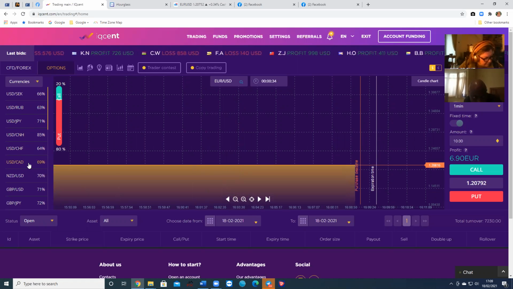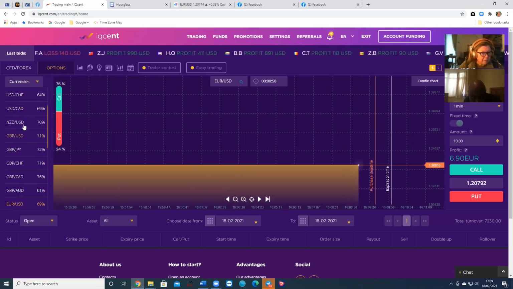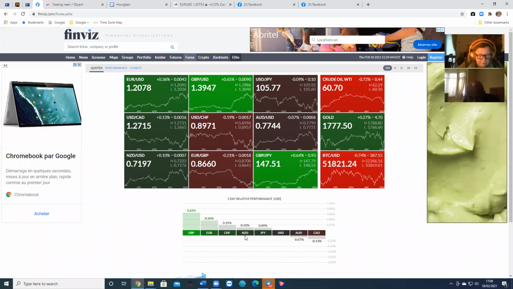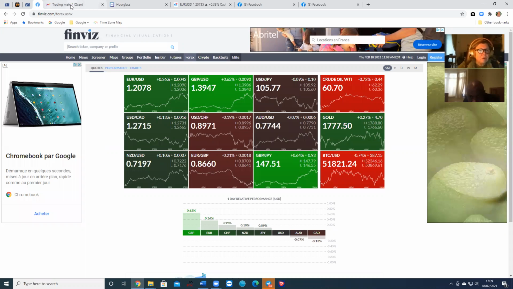USD CAD, generally I'd be buying the USD, 69%. NZD USD, so there are 10 currency pairs, remember, on this CASHTRAP strategy, 70%. So I would really generally look to see where the NZD was. That's slightly above, so I would want to be buying the NZD if I can, go with the trend.